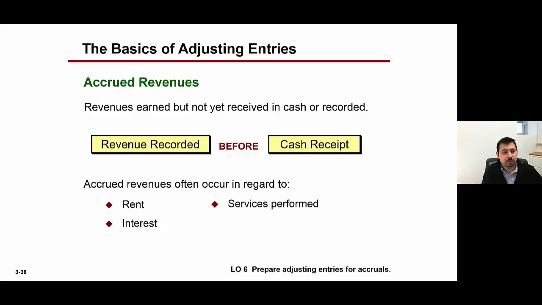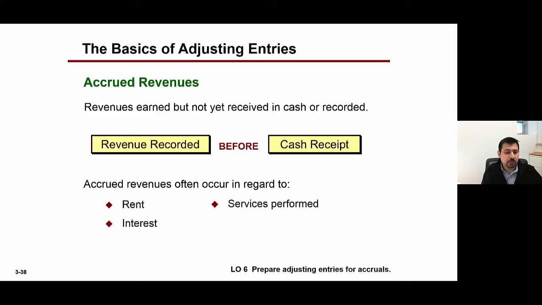With deferrals, the cash was exchanged before providing the service or making the sale. With accrued revenues, it's actually the other way around. Here we have a revenue that we have earned, but we did not receive cash, and this is where we talk about, in general, receivables.